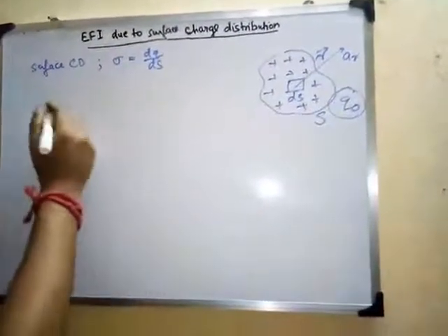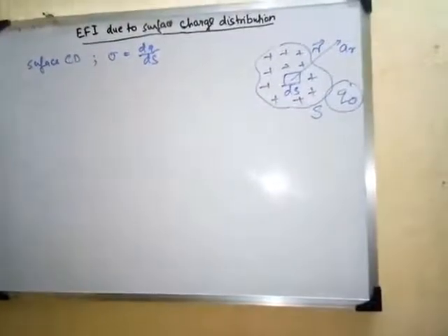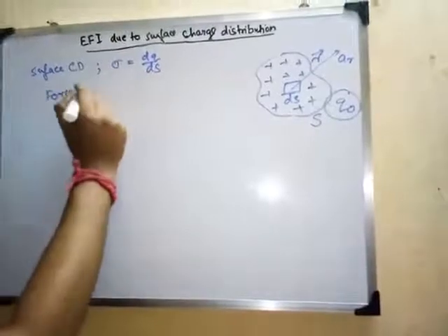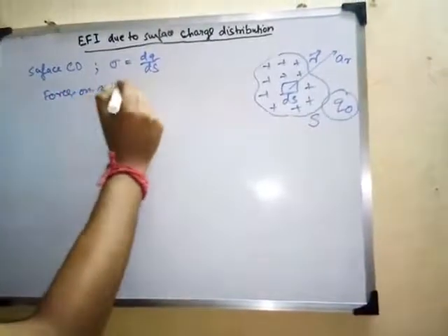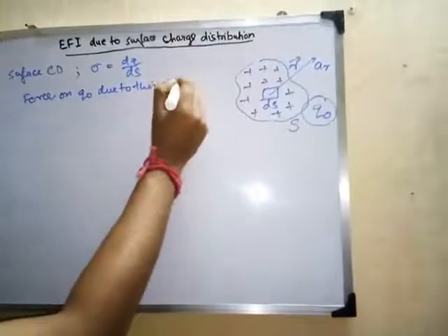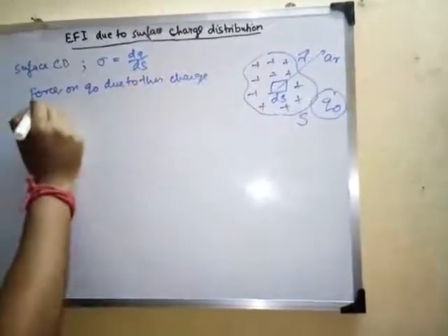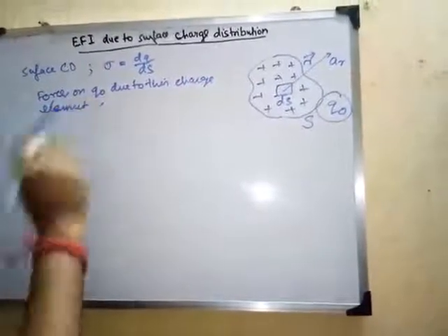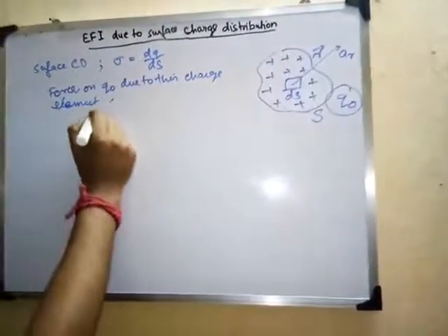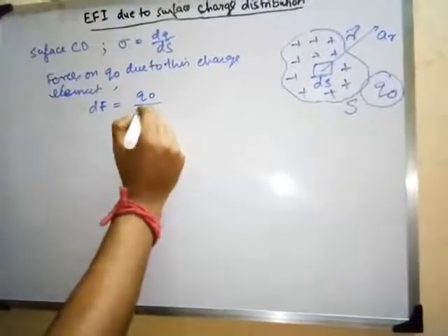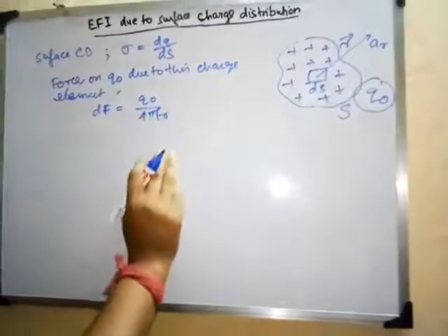So we can write the force on Q naught due to this charge element. Similarly, we will calculate dF, which will be equal to Q naught by 4 pi epsilon naught, from Coulomb's law.